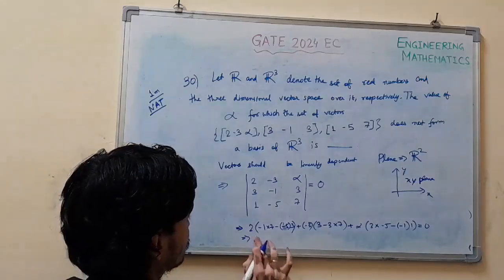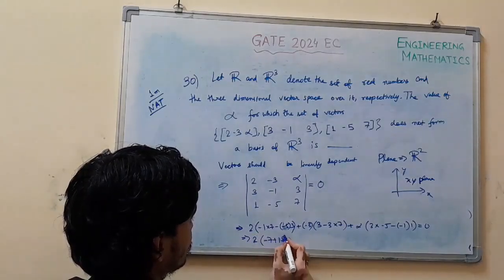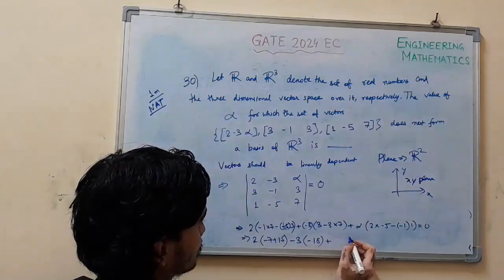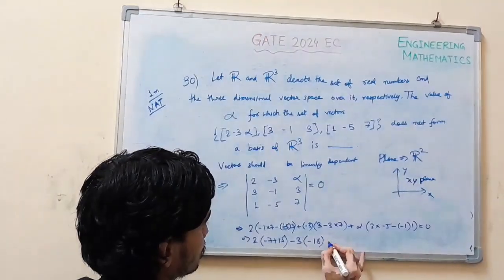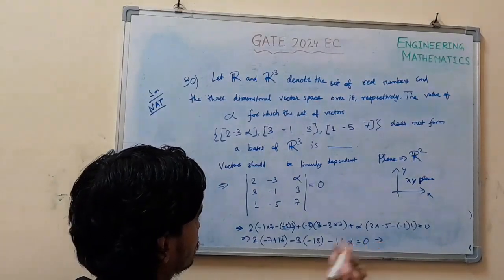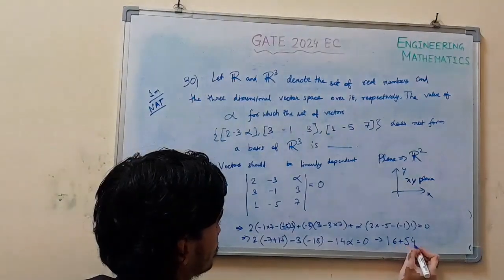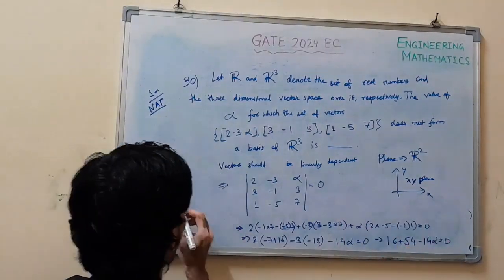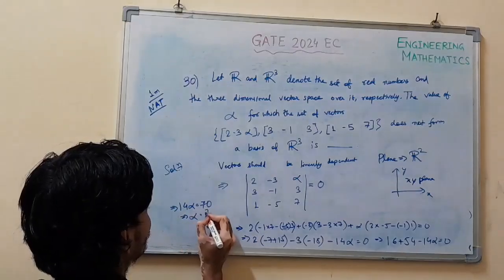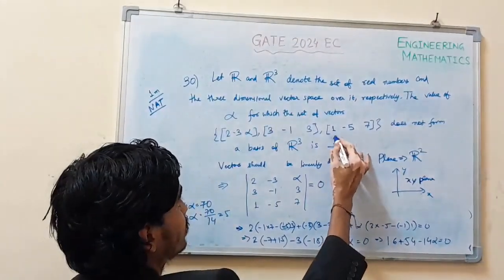So from here we get 2 into minus 7 plus 15, minus 3 into minus 18, plus minus 14 alpha equal to 0. So 16 plus 54 minus 14 alpha equal to 0. So 14 alpha should be equal to 70. So alpha should be 70 by 14, that is 5. So the answer to the question is that the value of alpha is 5.